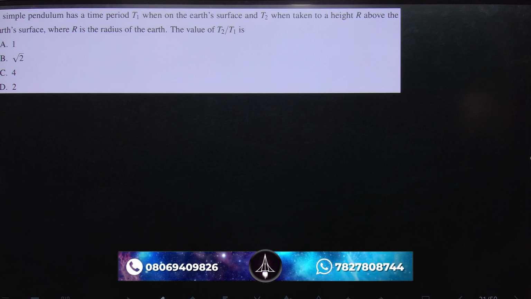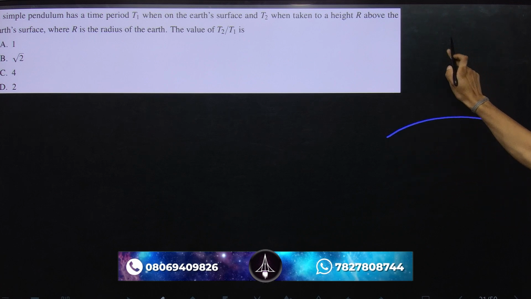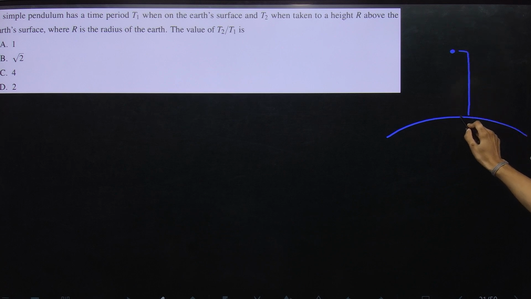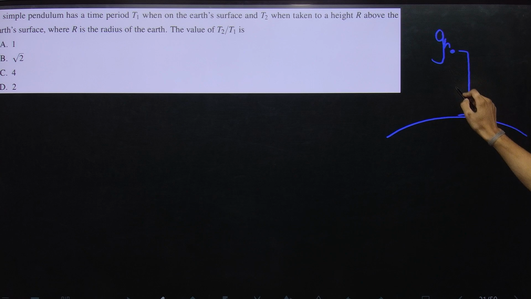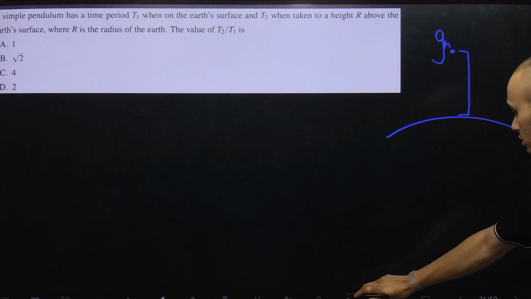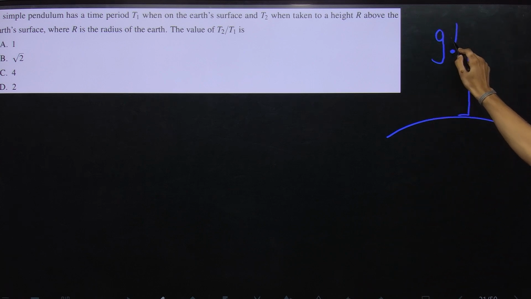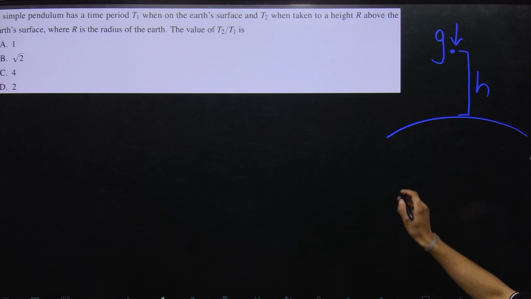Now in this question we have that a simple pendulum has time period T1 on the earth's surface, and if we take it at a height of R above the earth's surface, then the time period becomes T2. Now we know the acceleration due to gravity drops at a height h, and we also know exactly how it drops.